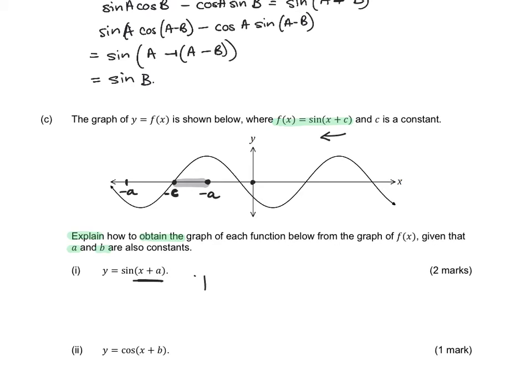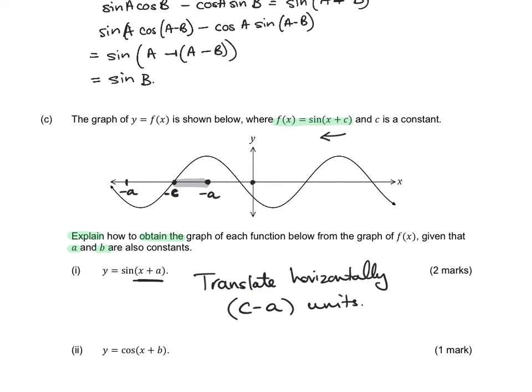So we need to translate horizontally. That'll be the difference between the two. So C take A units, because we're finding the difference between.